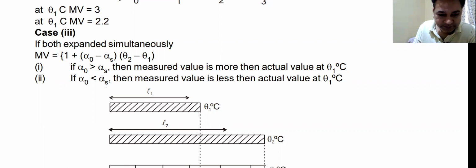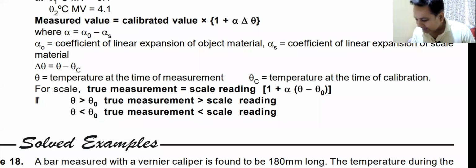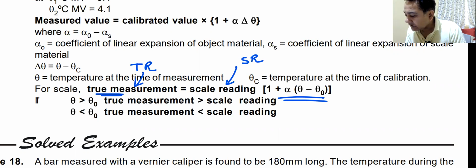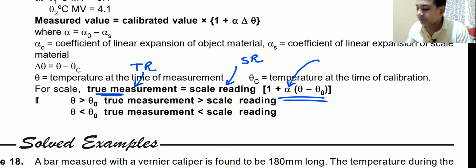Okay. I think the formula you said is correct. The formula will look like this. True reading, TR, will be equal to scale reading, SR, into 1 plus alpha into delta theta. But remember what alpha is here. Coefficient of linear expansion of scale?